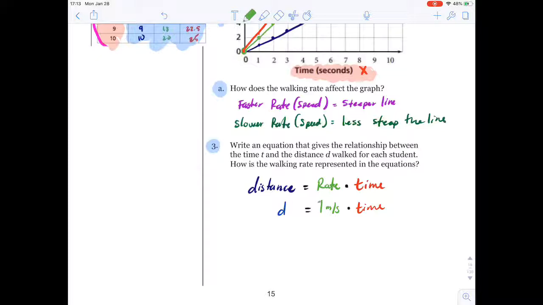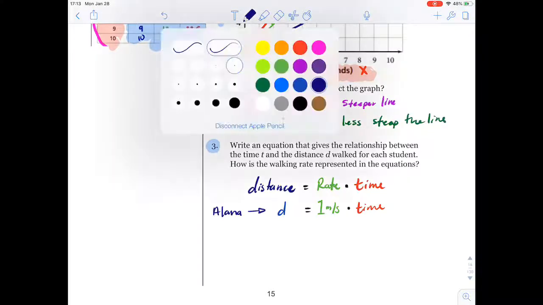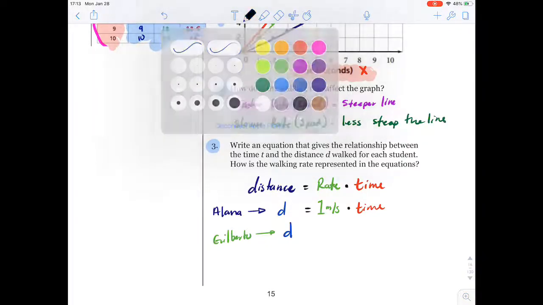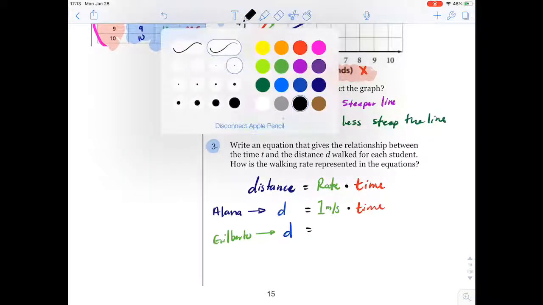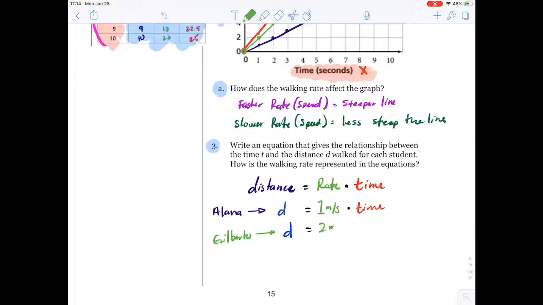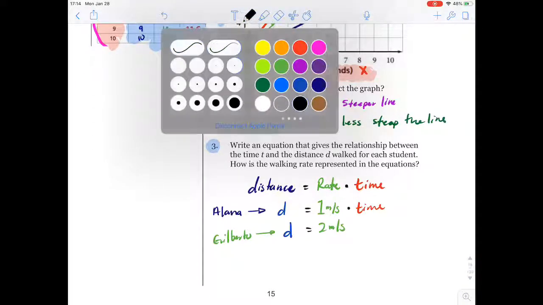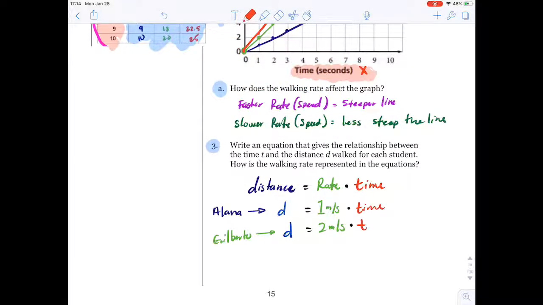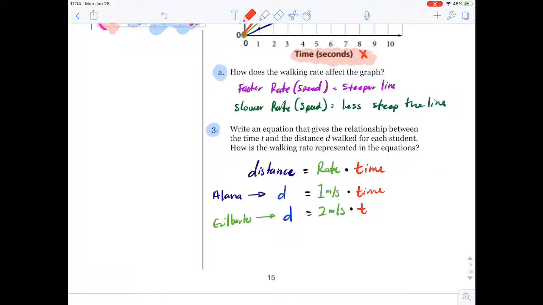Let me fix this. Okay, and this is for Alana. Okay, here's Gilberto. Gilberto has a rate that is equal to 2 meters per second. Okay, 2 meters per second times time, and the time here again is just time. We don't know how much time has passed.